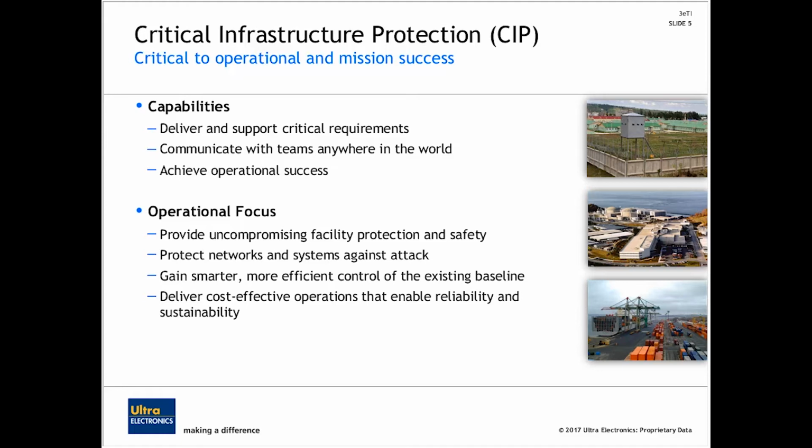And when we talk about CIP as it relates to physical protection, it's really about the protection and safety of those endpoints as well as the networks that enable remote access. To really understand your baseline associated with normal traffic, that's physical and cyber traffic, that happens to be on a network that supports critical infrastructure, as well as being cost effective.